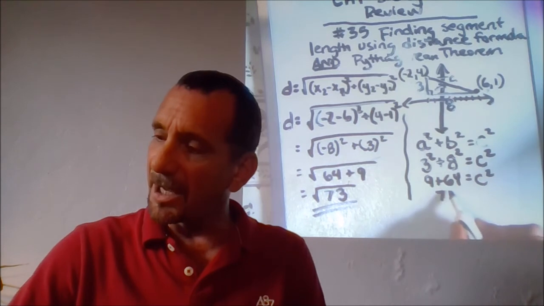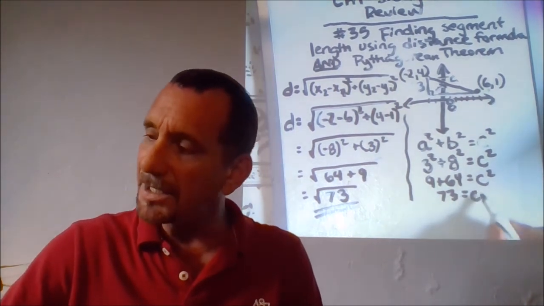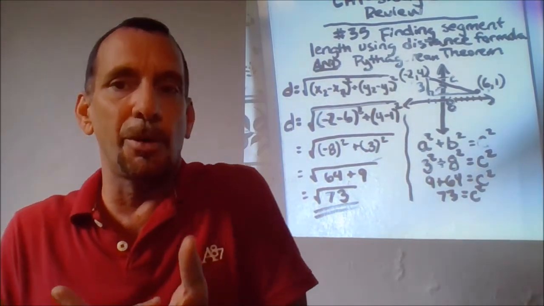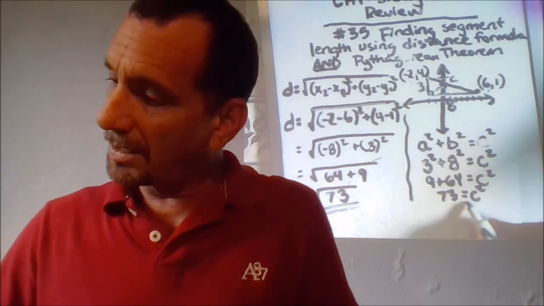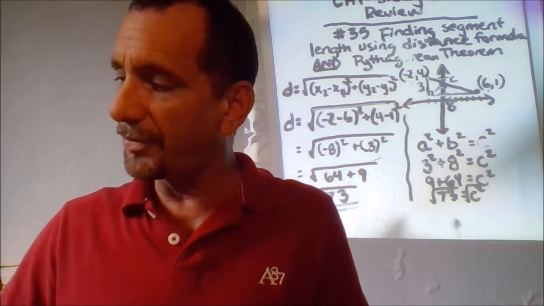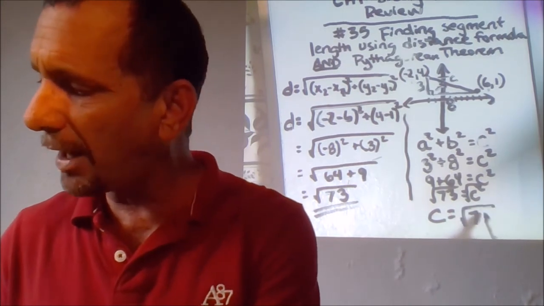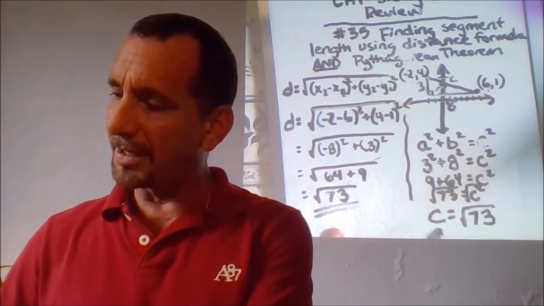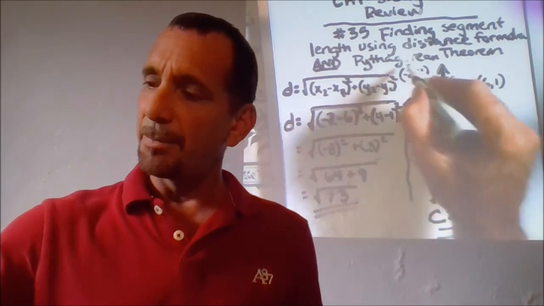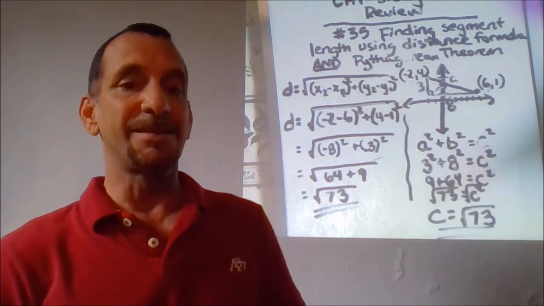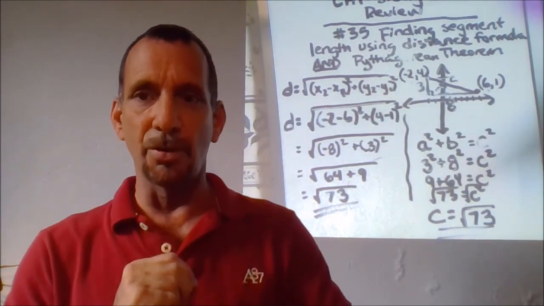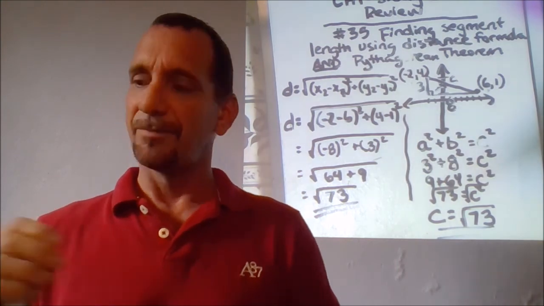Now I'm almost done. 73 equals c squared, but I really want c. And so I take the square root of both sides, and c equals the square root of 73, a very nice comparison. Both methods, the distance between those 2 points is the square root of 73, and I showed it both ways.